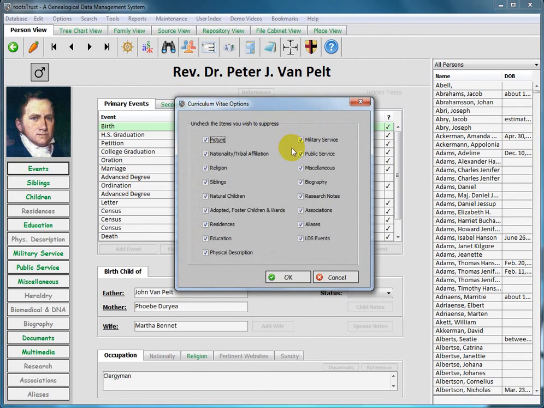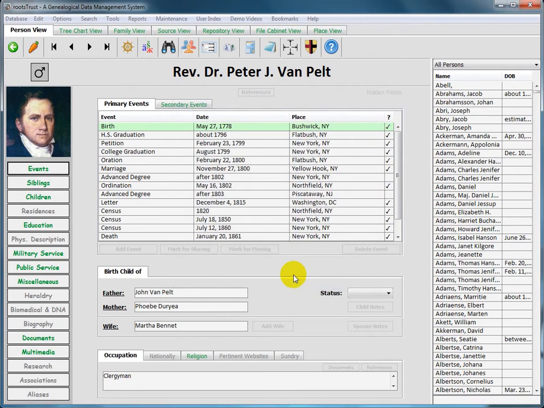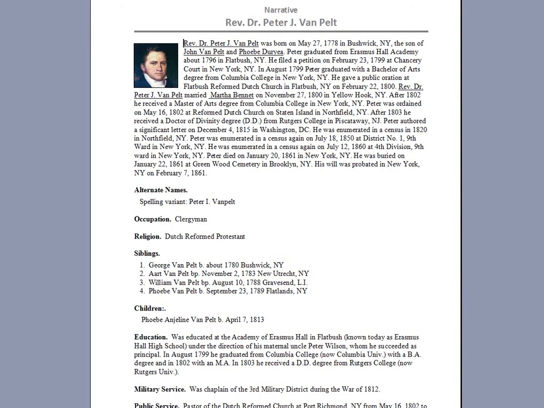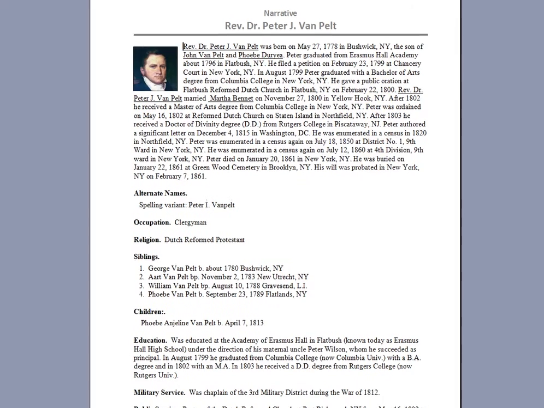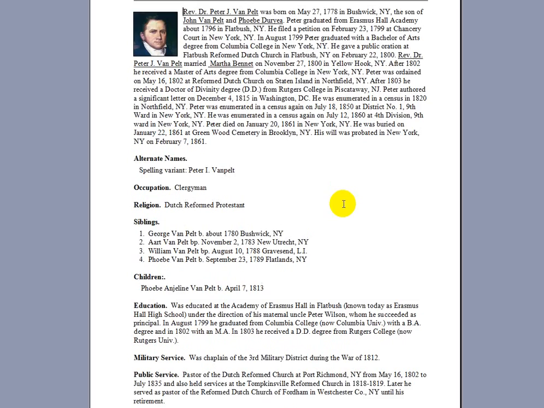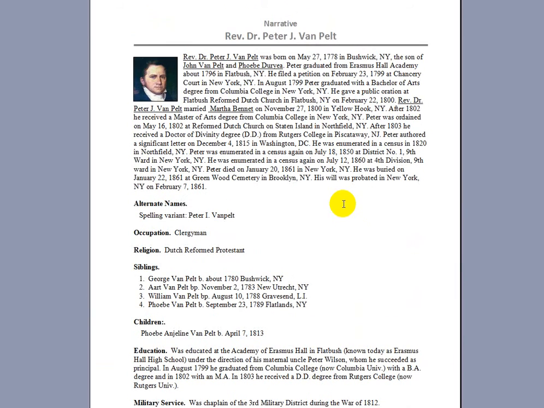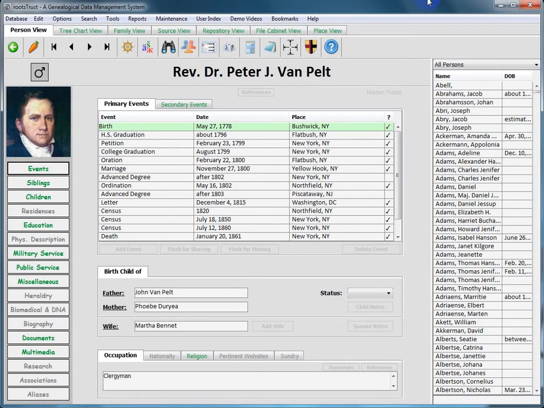Notice that the narrative options form allows you to selectively suppress segments of the person's record from the report. And there you have the narrative created for that individual from the information in the person view. Please watch the reports video for detailed coverage of all report types.